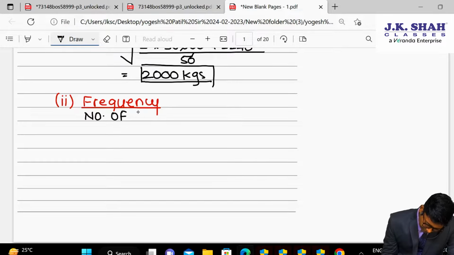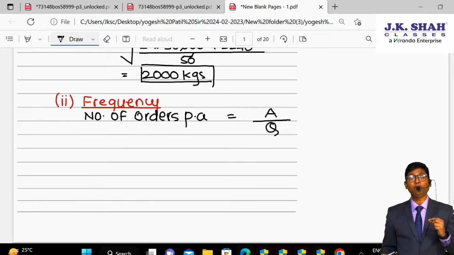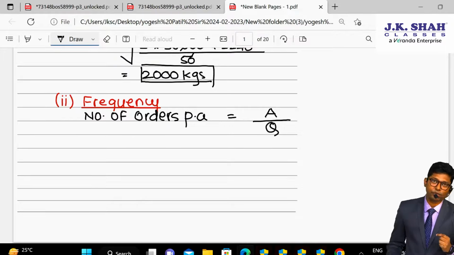Now the question comes to our mind, how to calculate the number of orders per annum. The total requirement of material is the annual requirement. When you divide this annual requirement by the quantity per order, you will get the total number of orders to be placed during the year.